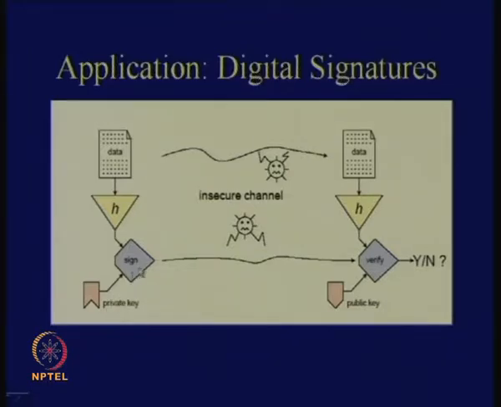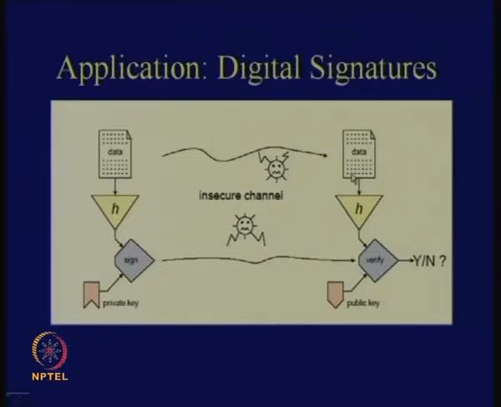Then I transfer this over the insecure channel. So you see that now any eavesdropper is unable to compute the signature, because he or she does not have the private key. So this is transferred here, and the data.